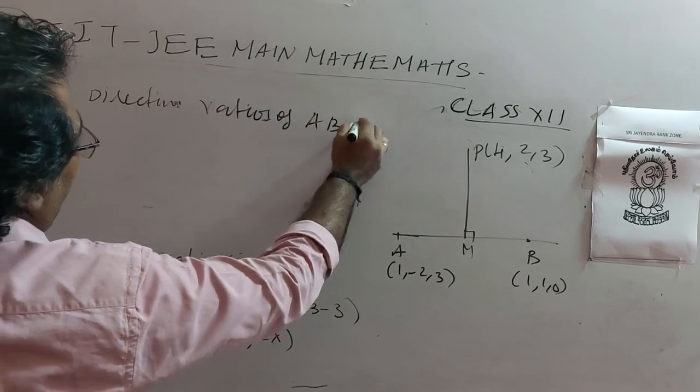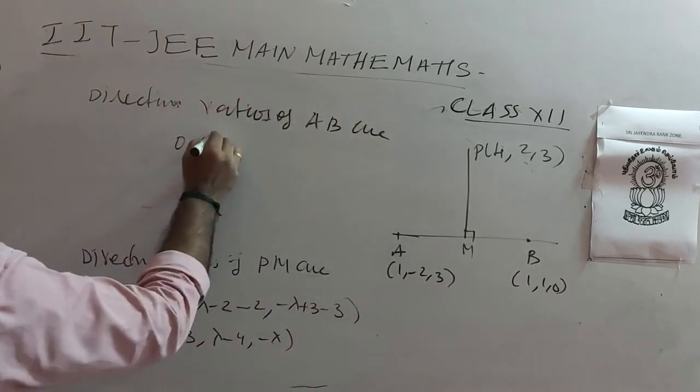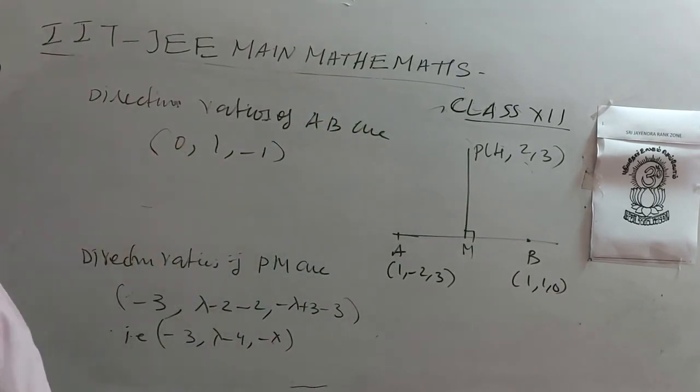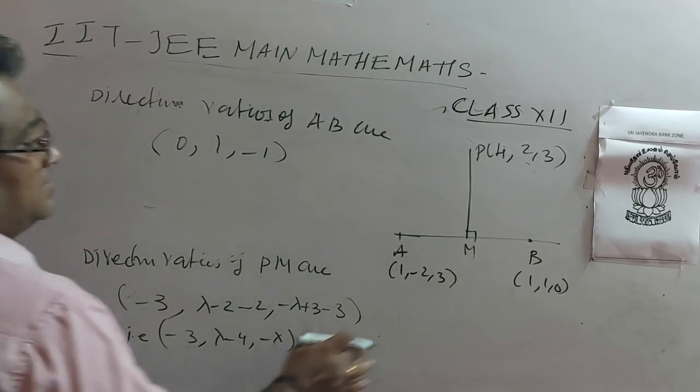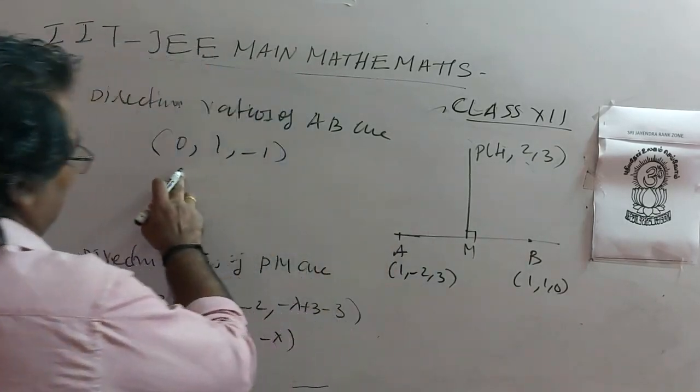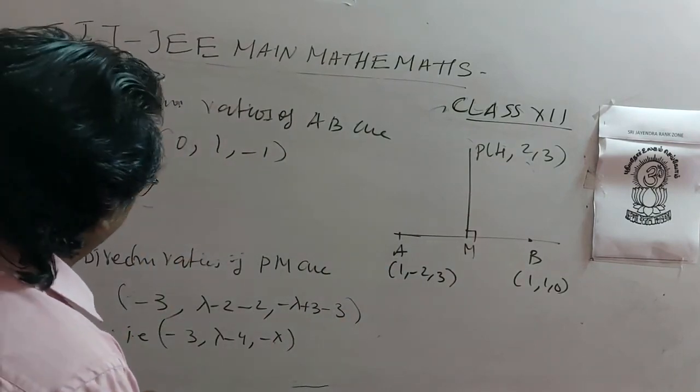Directions of AB are 0, 1, minus 1. From the equation of line AB, we write this 0, 1, minus 1.